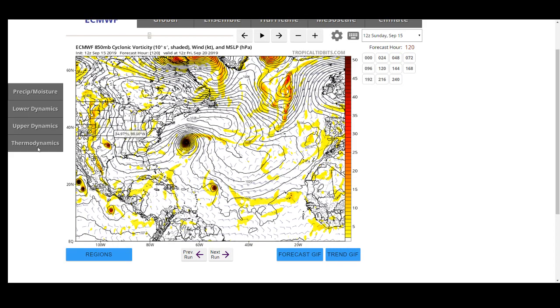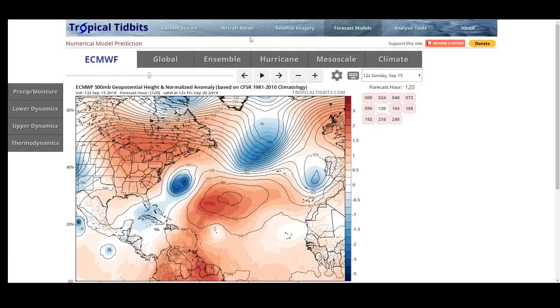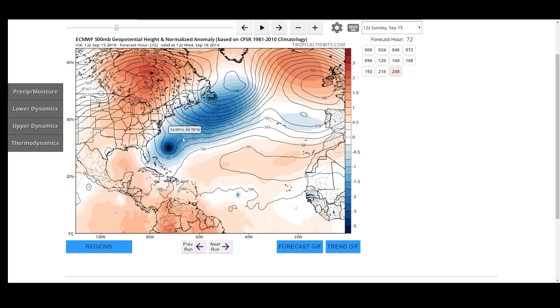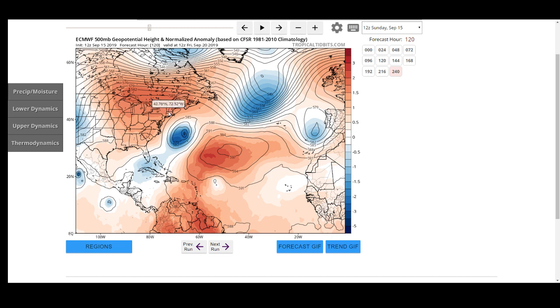And if you look at the 500 millibar forecast height anomaly for Humberto, you can see why. This very elongated high would push it back towards the United States if it were stronger, but the consensus right now is that this trough will ultimately grab Humberto and take it out, but it gets stuck in here, and that's what's interesting.